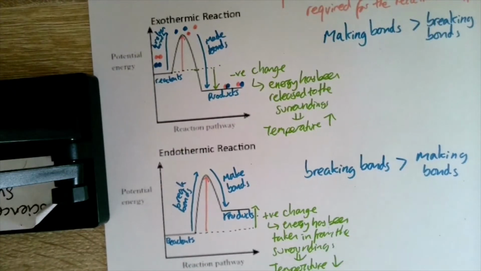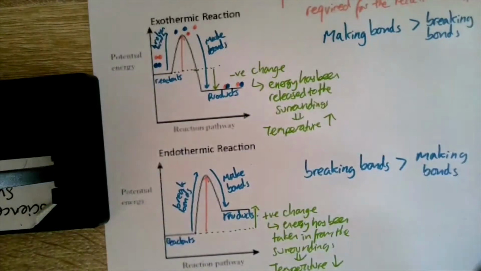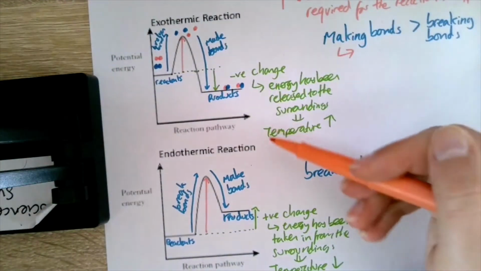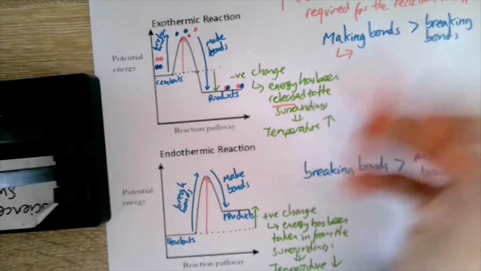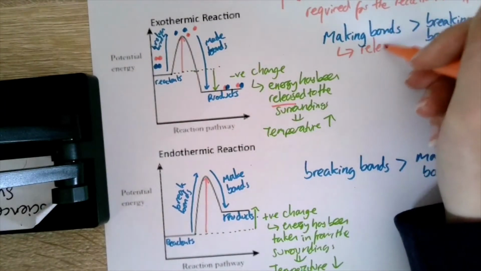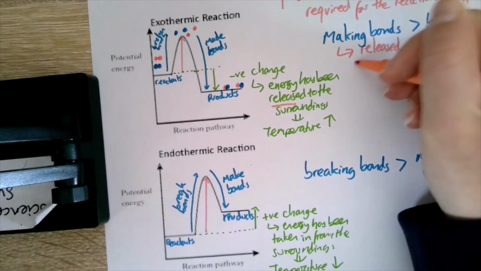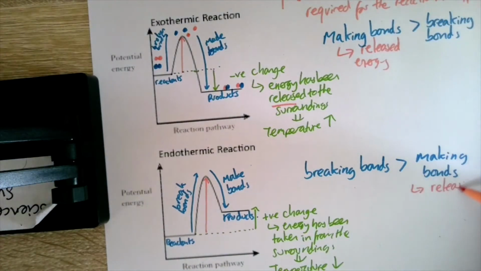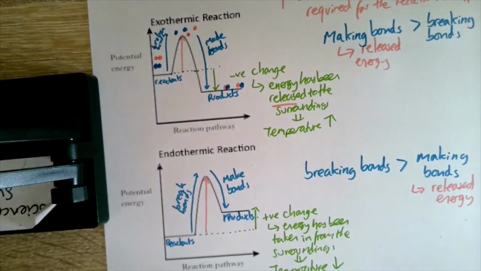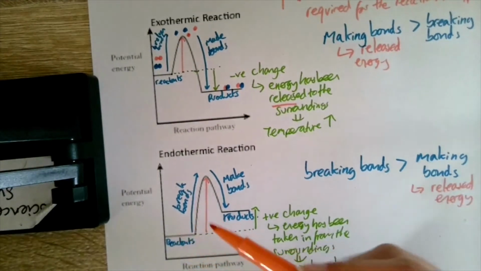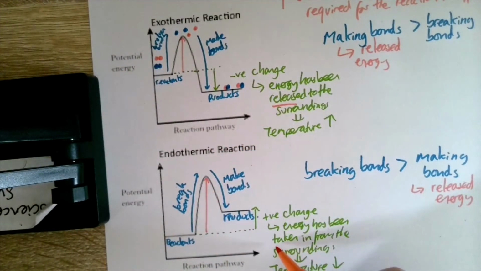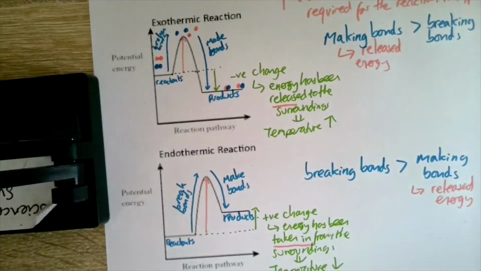Just a note on our terminology, when we make bonds, as you can see this is a negative change, so this must mean that energy is released, as it's an exothermic process, whereas when we break bonds this is a positive change, and so we are taking in energy, we're absorbing energy.